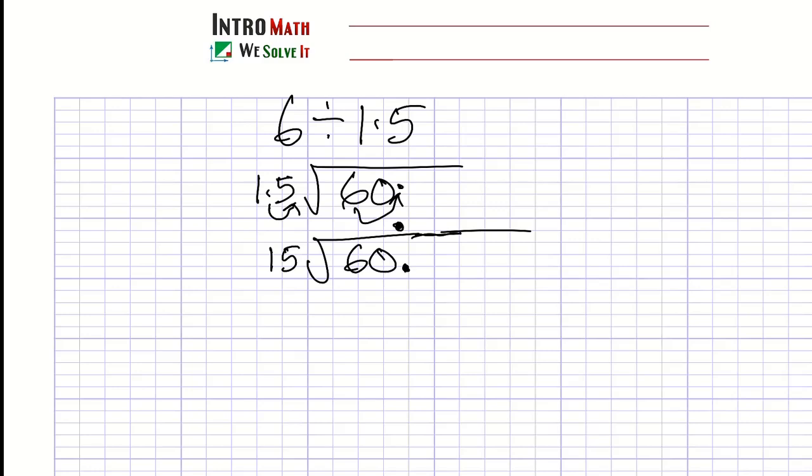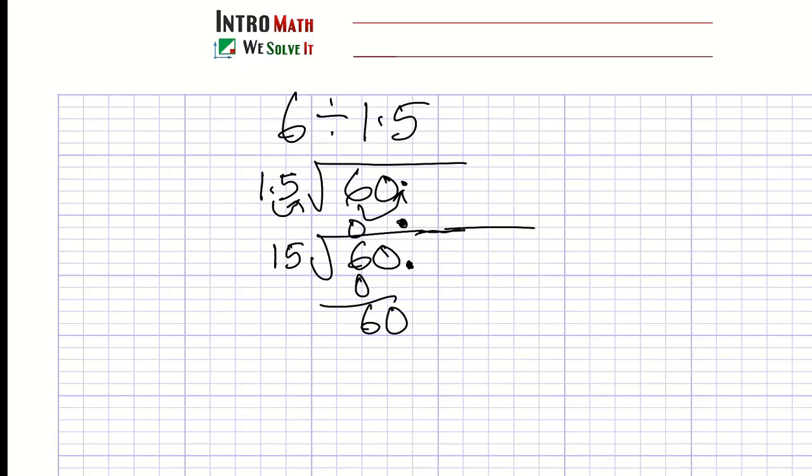We'll say 15 divide 6, it won't go, we'll put 0 here. And then say 0 times 15 is 0. We'll bring down 6, bring down 0. And then we'll say, can 15 divide 60? Yes, it can. It will go 4 times. 4, we'll put it here.